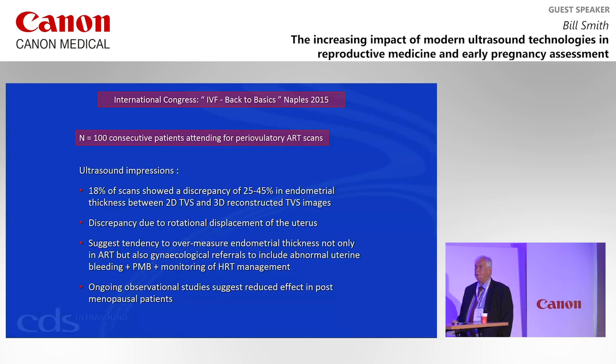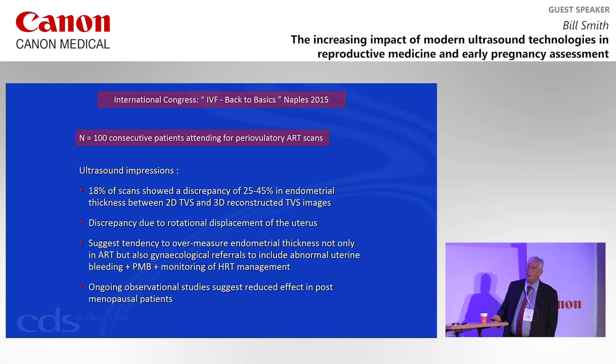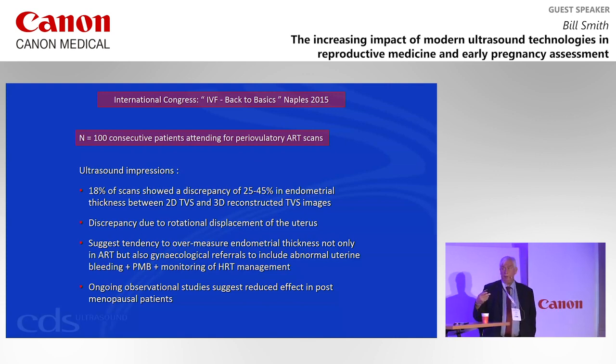And we looked at a number of patients who come through fertility treatment, and you can see that there's a significant number of patients who are having their endometrium measured inaccurately because of this situation with rotational displacement. So this is one of many examples of why 3D is important to us in terms of our infertility work.